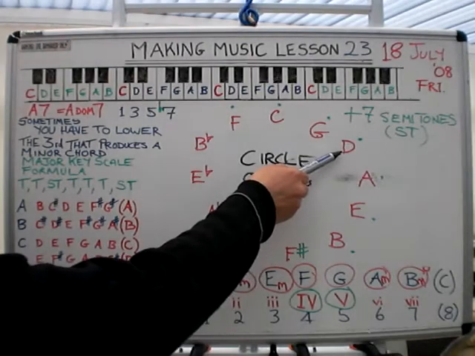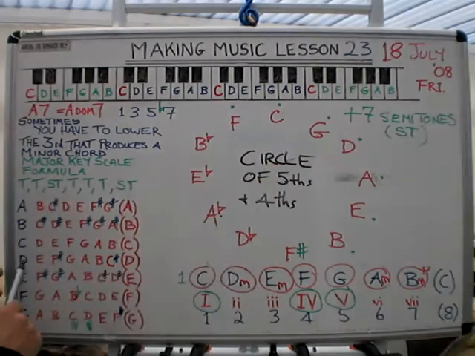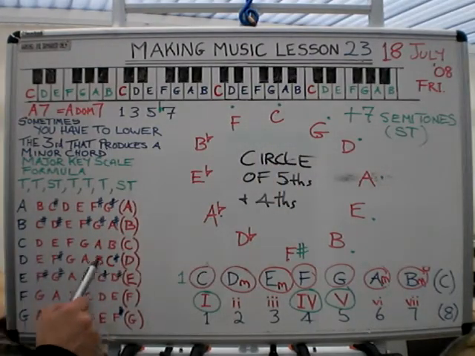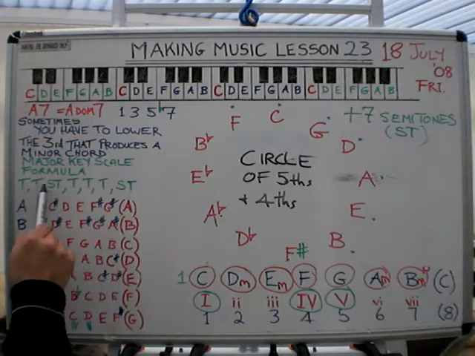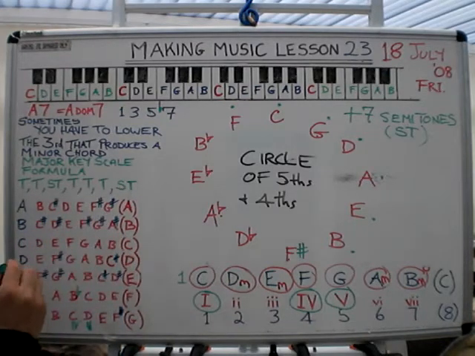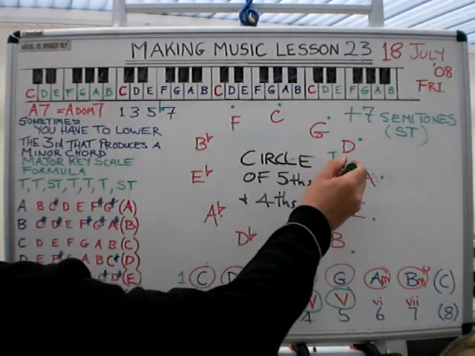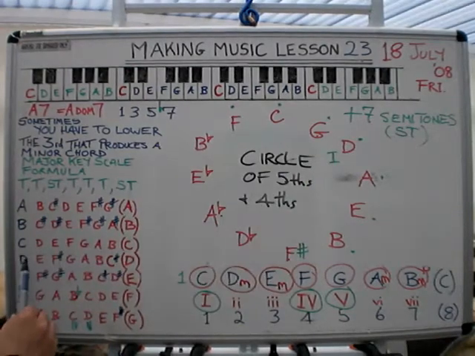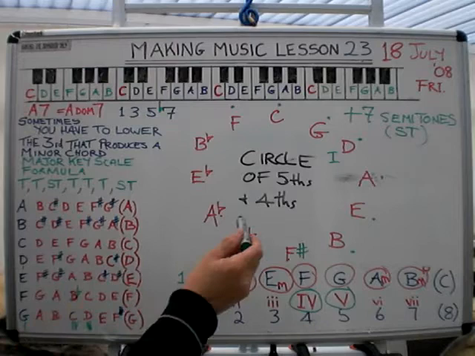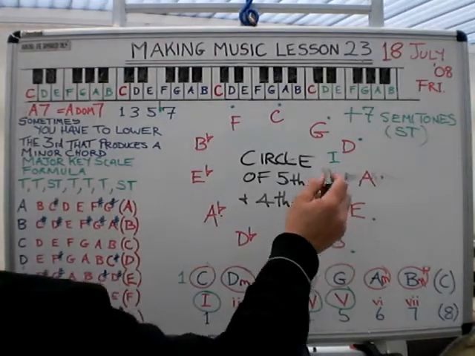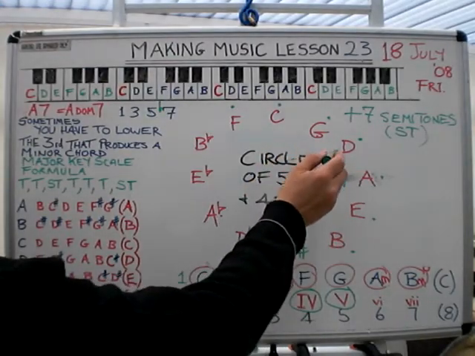Let's go to the scale of D. D to D, D major scale. Let's have that applied to it. Position 1. Let's write it in. Position 1. Let's go to position 5. And position 4 from that point.